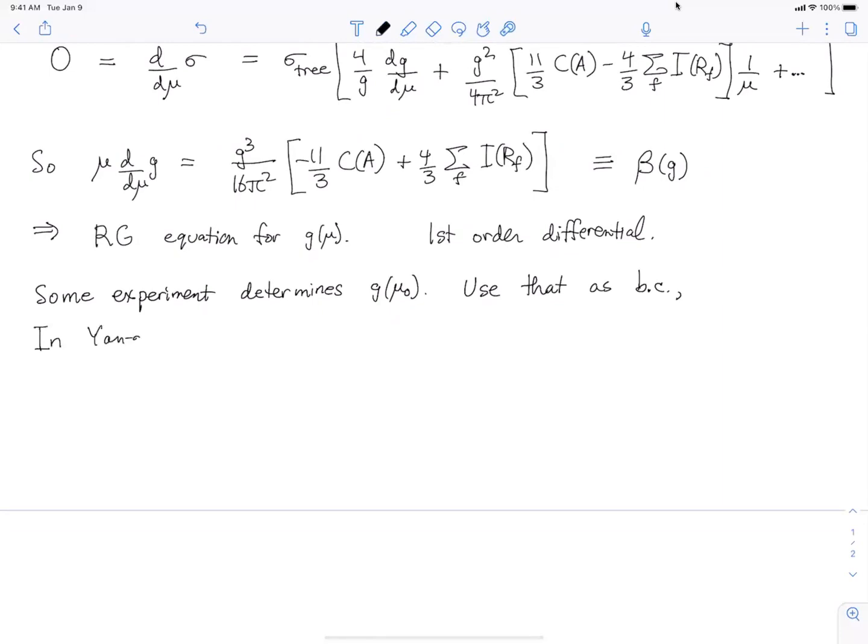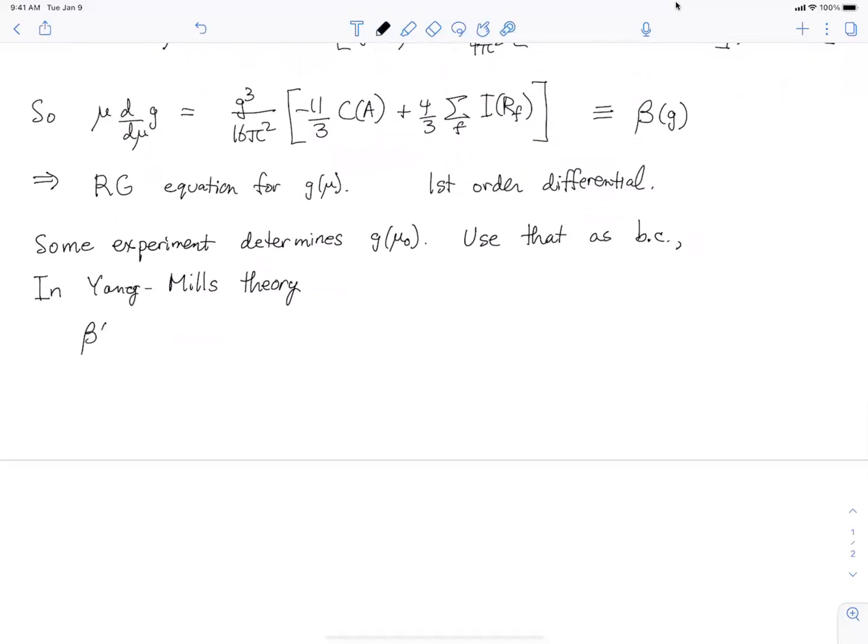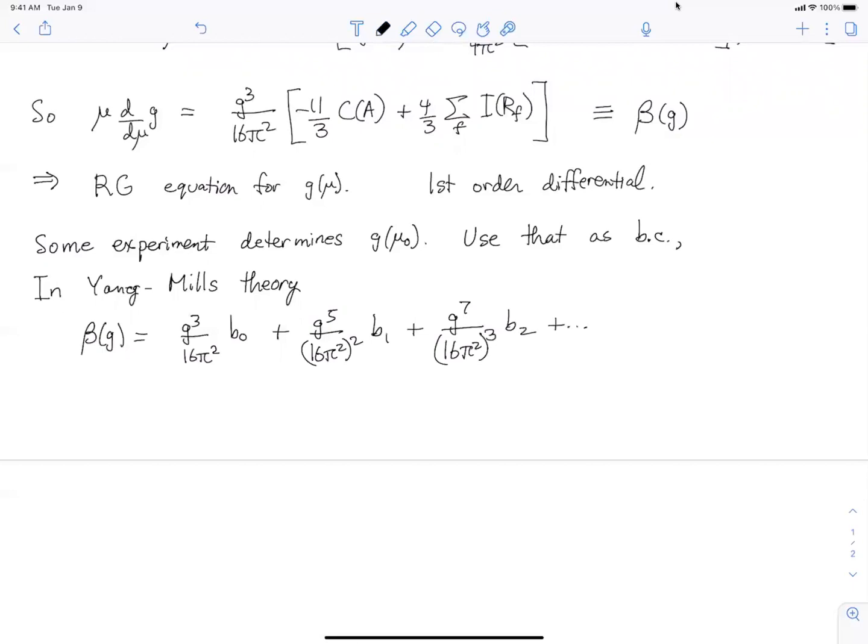So in Yang-Mills theory, which includes quantum chromodynamics as an example, the beta function for the coupling is of the form g cubed over 16 pi squared b0 plus g to the 5th over 16 pi squared squared b1, and then you just keep adding 2 more powers of g and another power of 1 over 16 pi squared for each loop that you've calculated, say, the cross-section for.